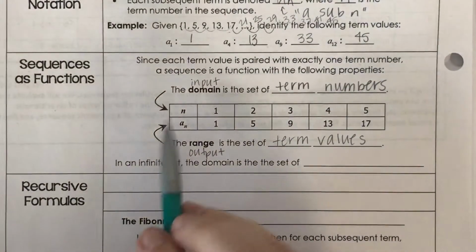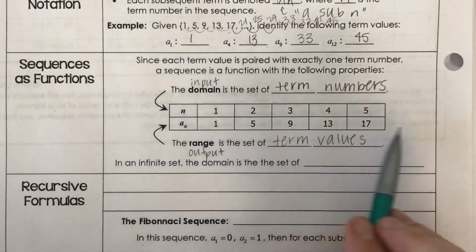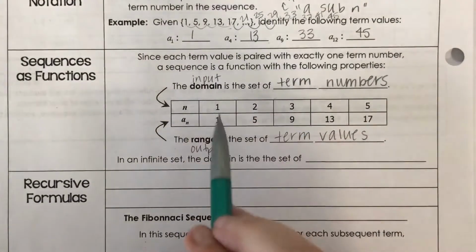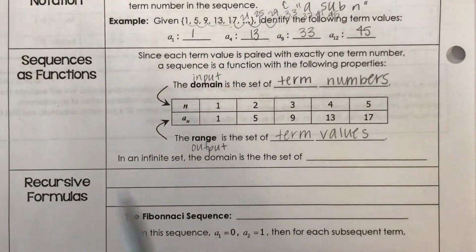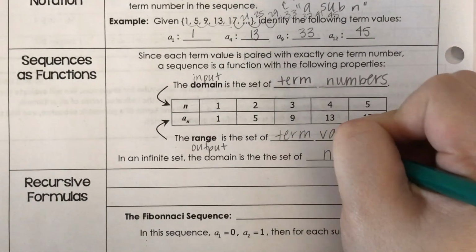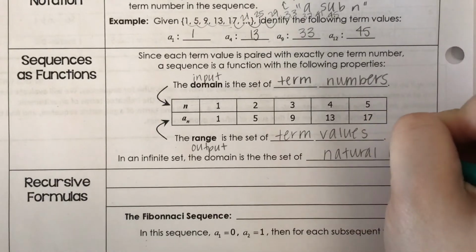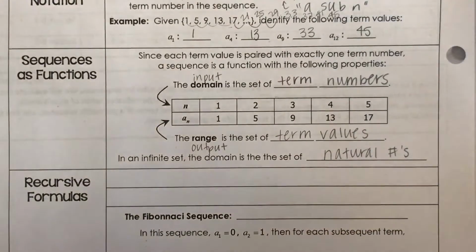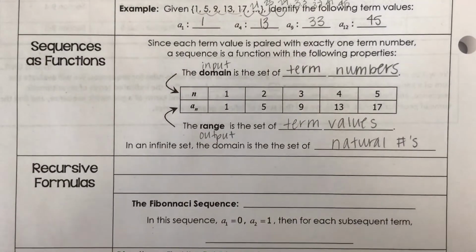Input, output. In an infinite sequence, the domain is the set of natural numbers, which means they're the counting numbers. So it's not negatives, it's not 0, it's positives, 1, 2, 3, 4.